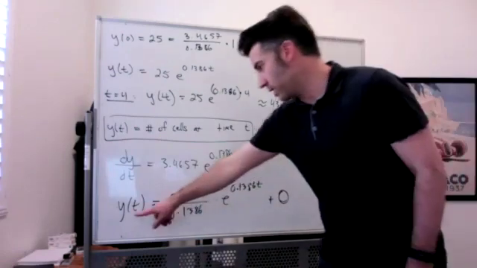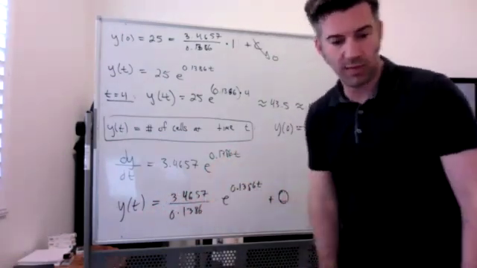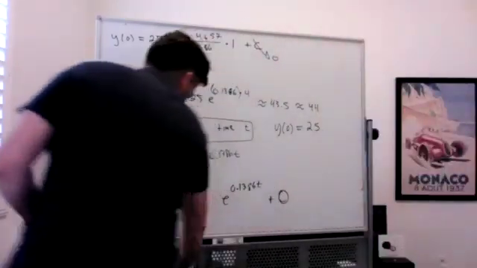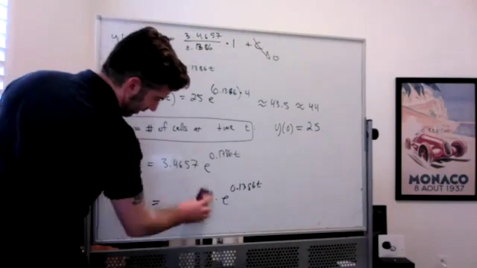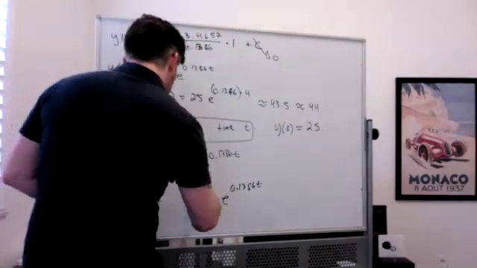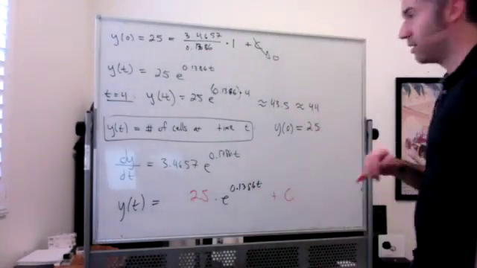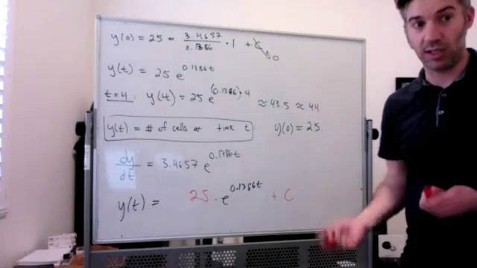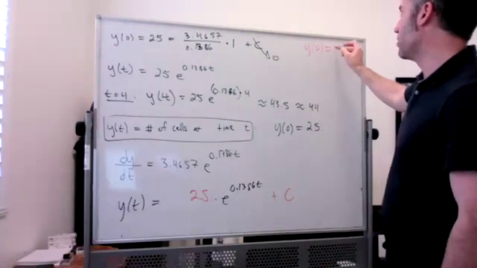we got this equation for y of t. And this number here is about 25. So let me back up just a little bit. I'm going to fix it just a tiny bit. So this number I'm just going to replace with 25 because it's about 25. So we had 25 e to the this plus c. But then we have the initial condition that y of 0 equals 25.